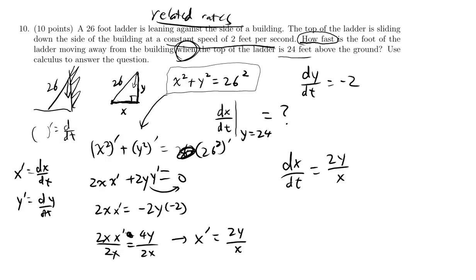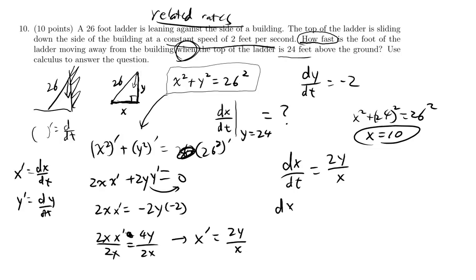Now when y is 24, if this length is 24, what is this length? If you plug in 24 here, x squared plus 24 squared equals 26 squared. By the way, we already did the computation for the derivative, so now it doesn't hurt to plug 24 into the equation, okay? If you solve this, you're going to find that x is equal to 10. Use your calculator or something, so you get 10.